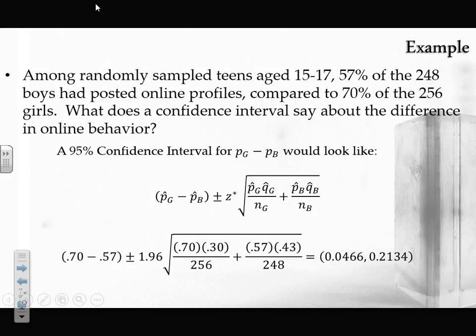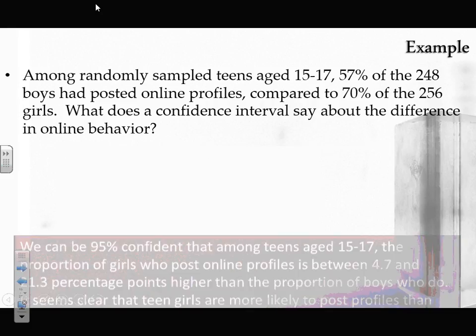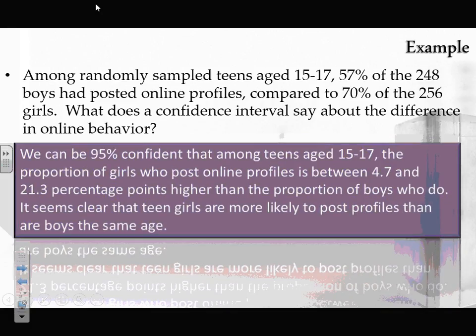Okay? But now we have to account for the fact that these proportions are differences. These are the difference between one group and another. So, when we go to interpret this, we start off pretty much the same way as we always have with intervals.